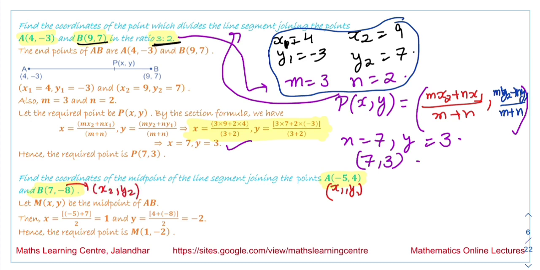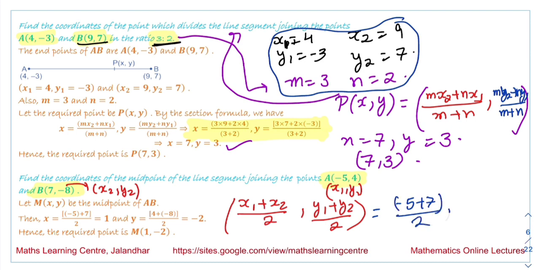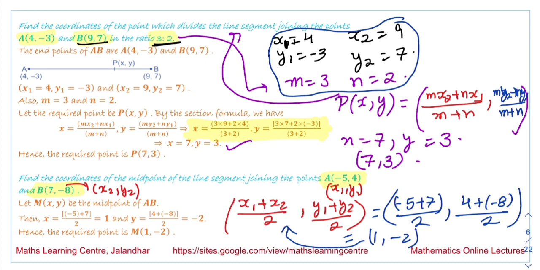So midpoint of these two means x1 plus x2 by 2, y1 plus y2 by 2. The answer we will get is minus 5 plus 7 by 2, 4 plus minus 8 by 2. So the answer is 1, minus 2. So this is the midpoint of the line segment joining the points A and B.